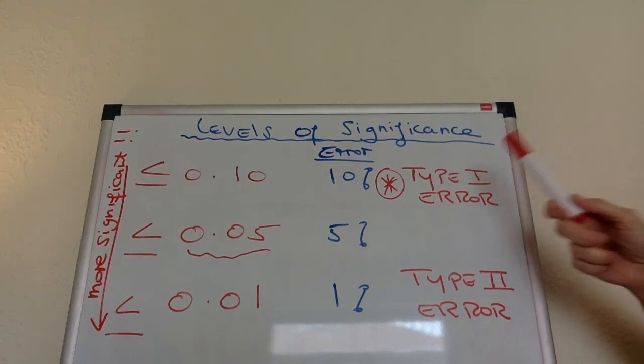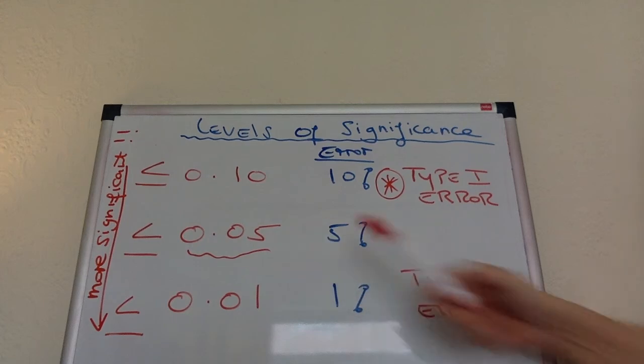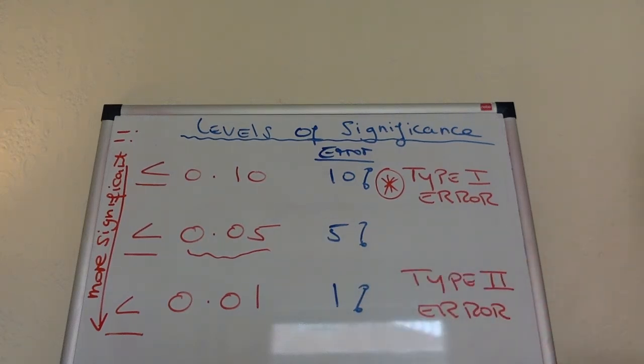You're not likely to have a type 1 error or a type 2 error if you go for this, okay, because you've got 95% certainty, 5% error, and it's like a safety place to go to.